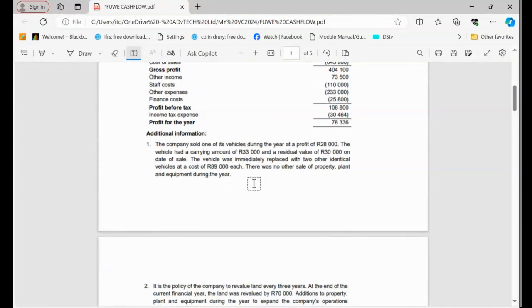Remember, vehicle forms part of the property, plant and equipment. They say this is the amount that we are looking for. This one. Remember, this is the profit. Remember, vehicles are part of the property, plant, equipment. Does that make sense? Yes, it does.